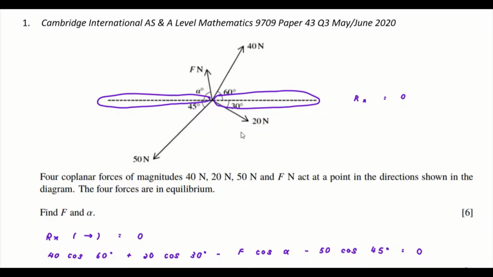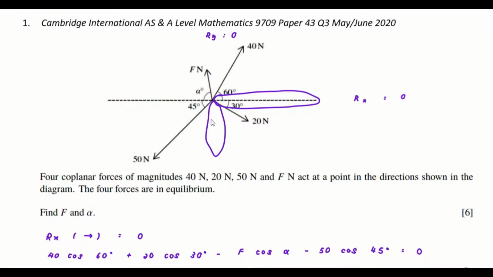When we resolve to y equals 0, the forces acting upwards and the forces acting downwards are the same, so when you add them together, you get 0. And if you recall from the notes above, we mentioned that the sum of the components in any direction is always 0 as well.